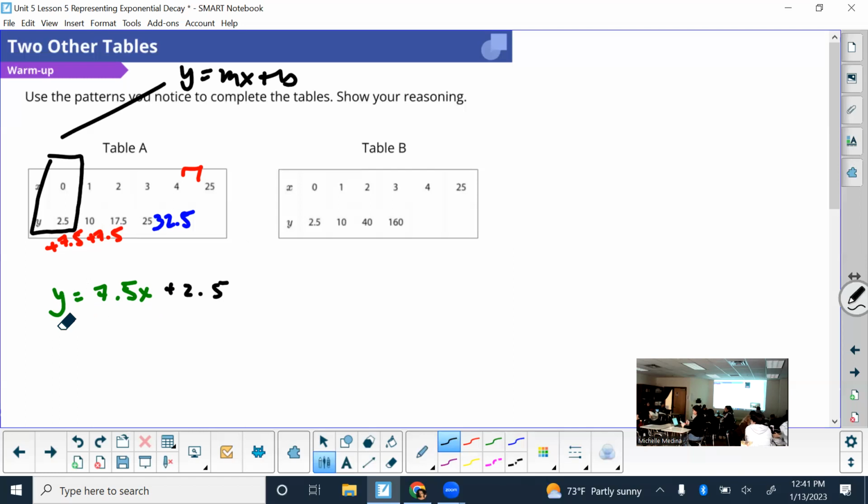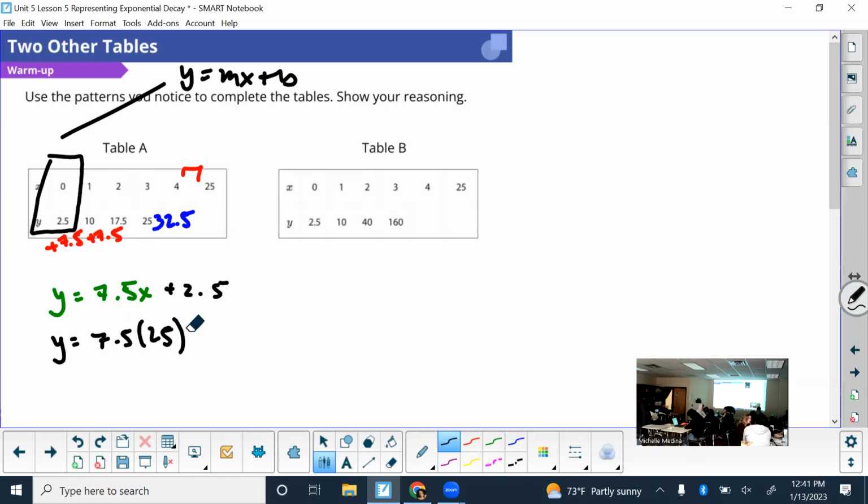I can easily find the y by doing what now? Where? Into the x, good, because 25 is in the x column, so plug it in.